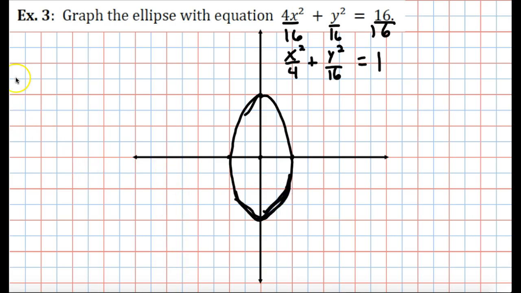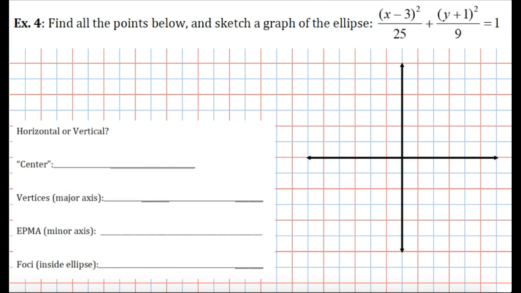So the next one gives us an equation with a center not at 0, 0. Okay, and then we need to get all of this information out of our equation and graph it. So the center, okay, we said that our standard form was x minus h squared over a squared plus y minus k squared over b squared equals 1, right, where h, k is the center.